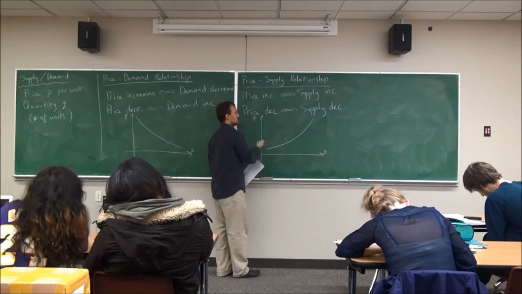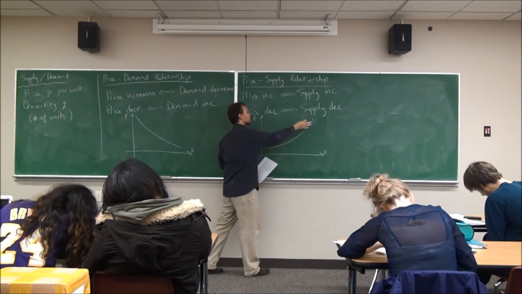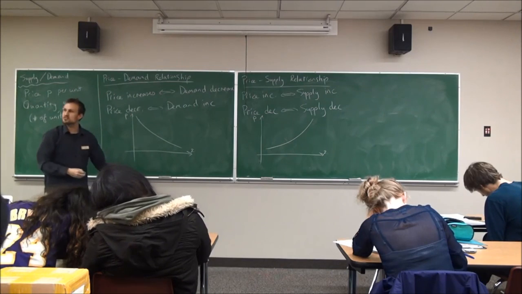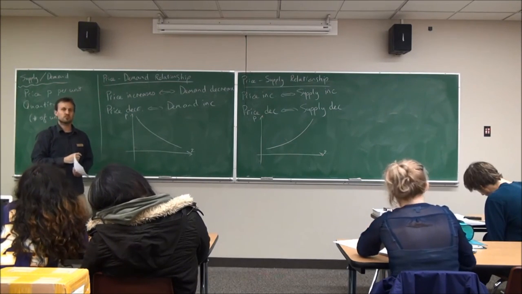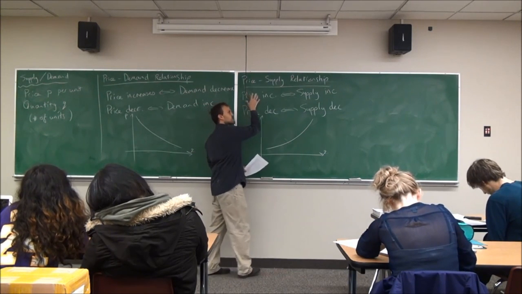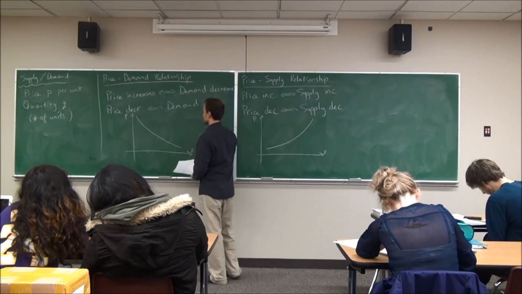And I have something that changes somehow from the top right to the bottom left. Does that make sense? Familiar? I don't want to do too much on this. It seems intuitive. The price affects the supply as well as the demand.